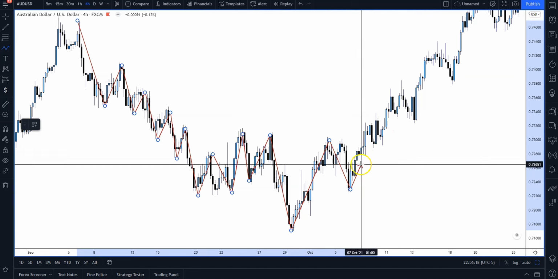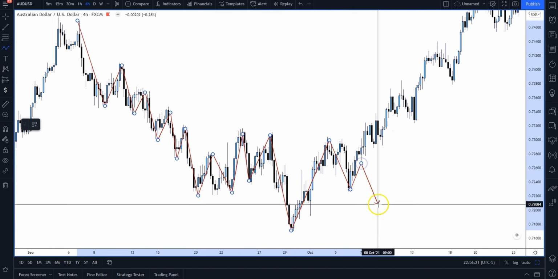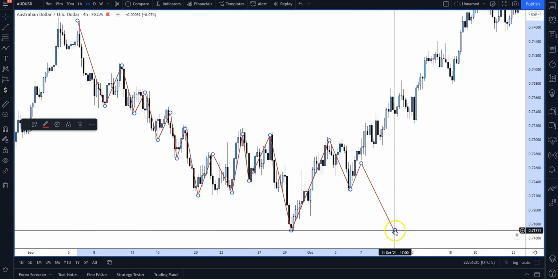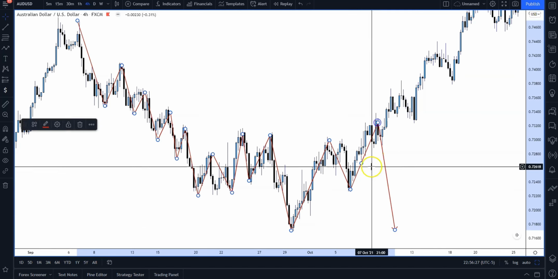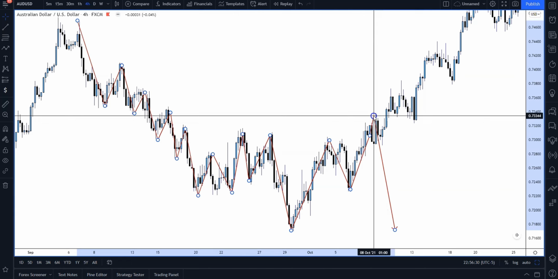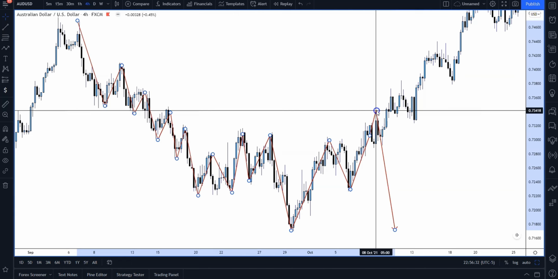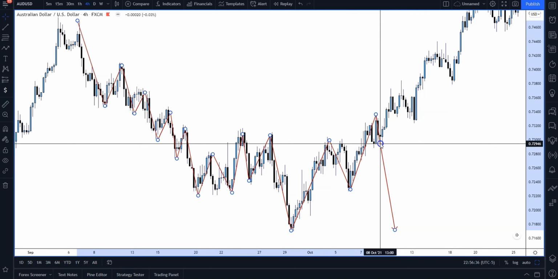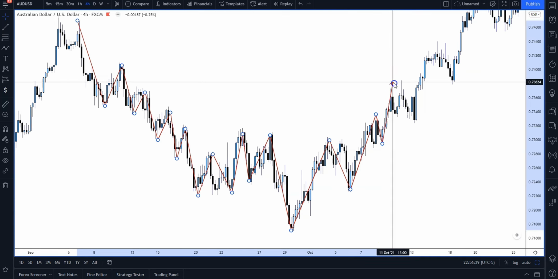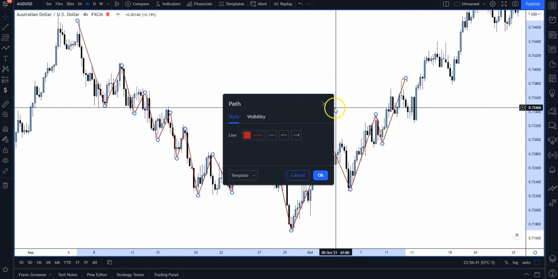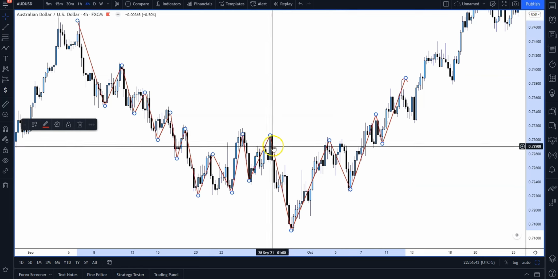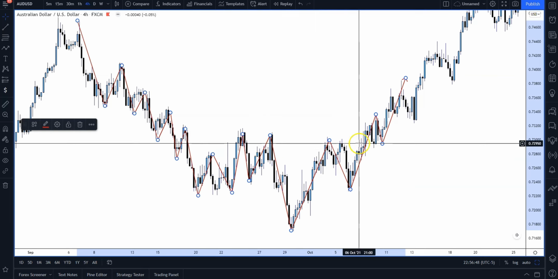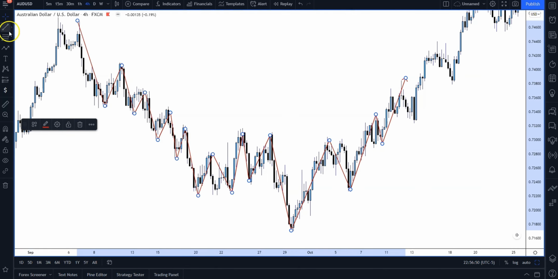You can also have situations where it does this. Hold on, let me fix this up. It'll have to breach the previous high to be confirmed that it's a reversal.